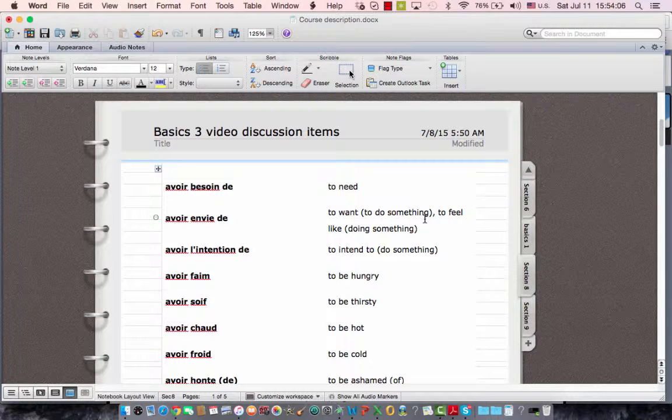Okay, argent in French language meaning money. Avoir envie de. Avoir envie de. To want. And after that, de, usually we use a verb in infinitive in dictionary form or a noun.